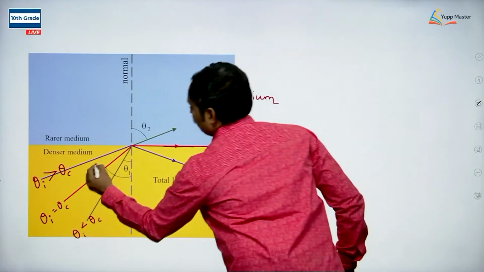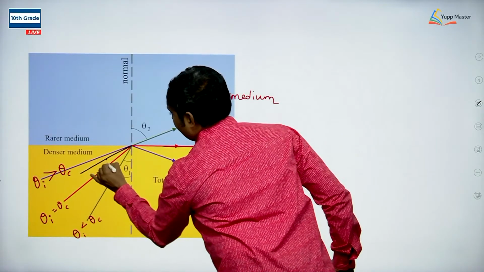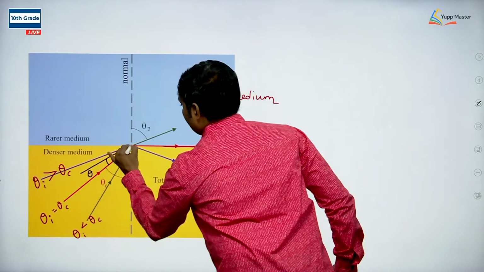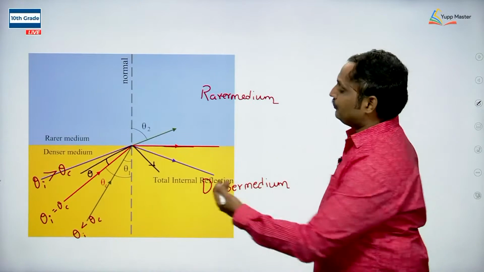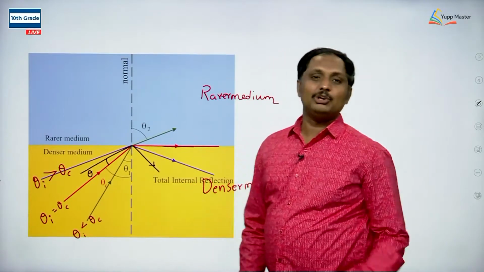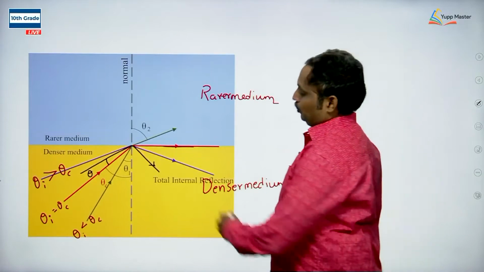Now you are going to take that one light ray which has been incident at an angle. This is also theta. What happened? In that range, if you incident more than that theta value, it is going to be reflected back into the same medium. That is also total internal reflection.